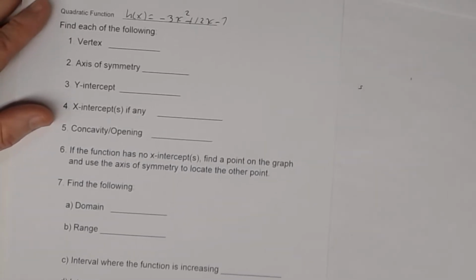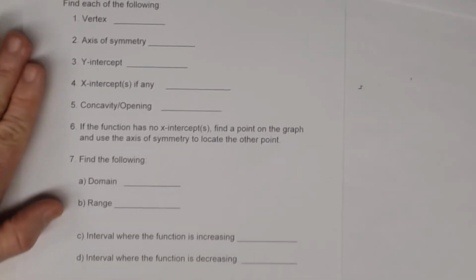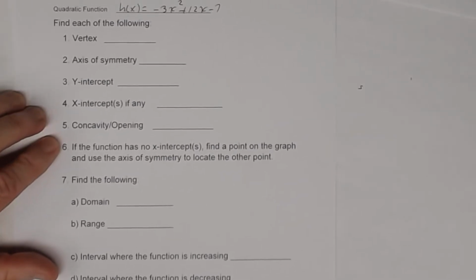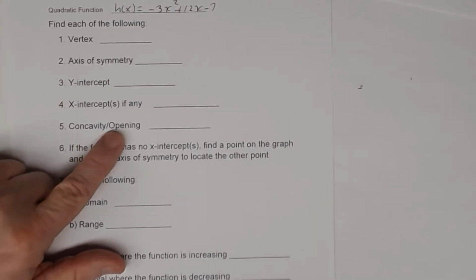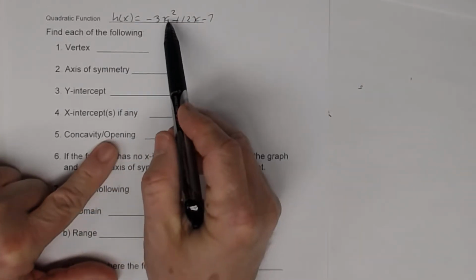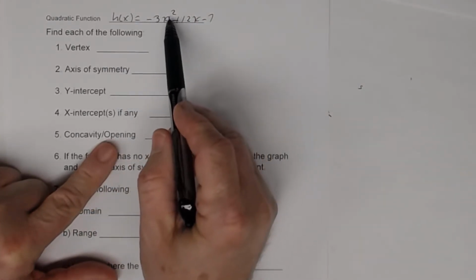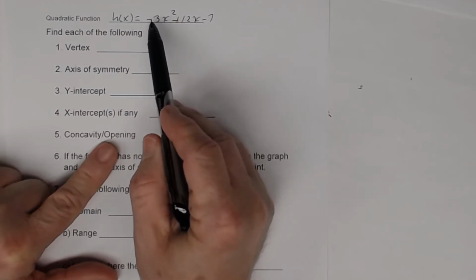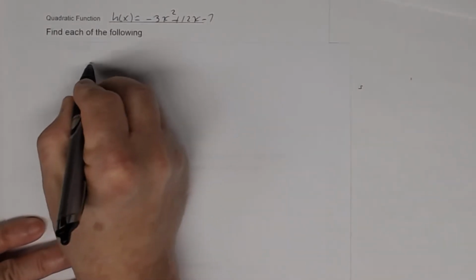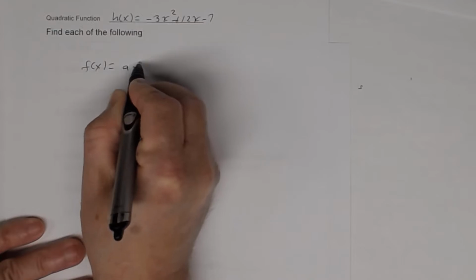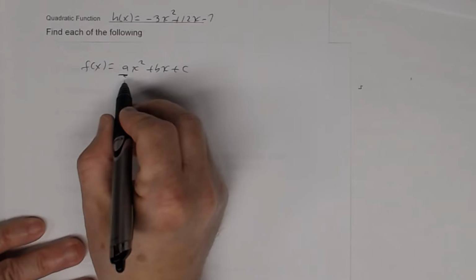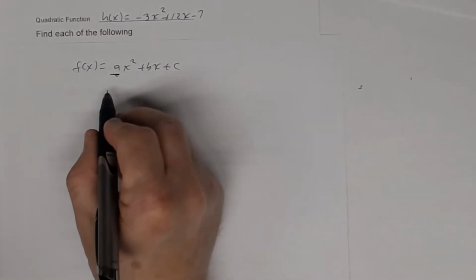Okay, so let me just remind you, with all this that's given, there are some things here that you can find very quickly. For example, concavity, or opening. When it's in standard form, f of x equals ax squared plus bx plus c, the coefficient of x squared, a, tells you whether the graph opens up or down.